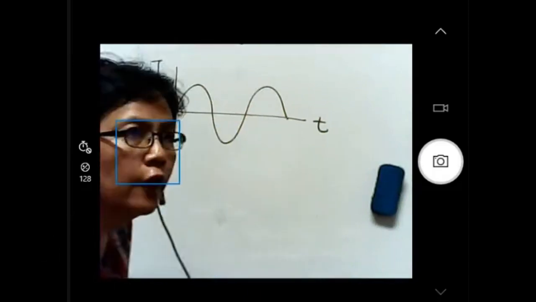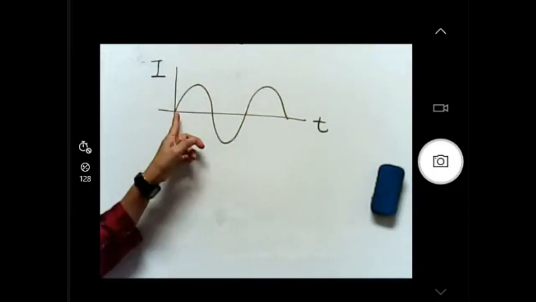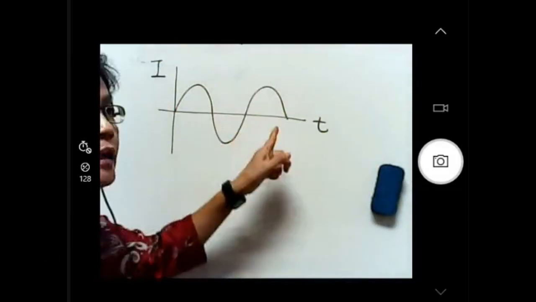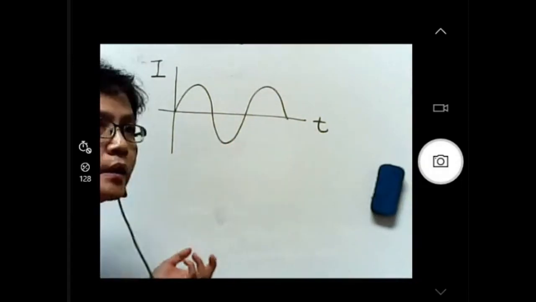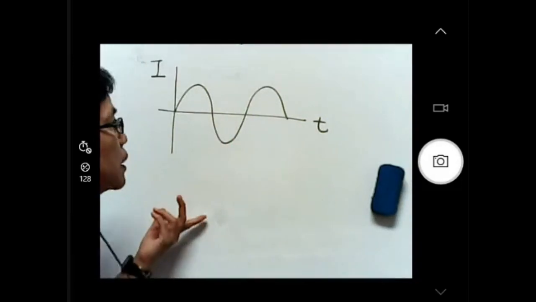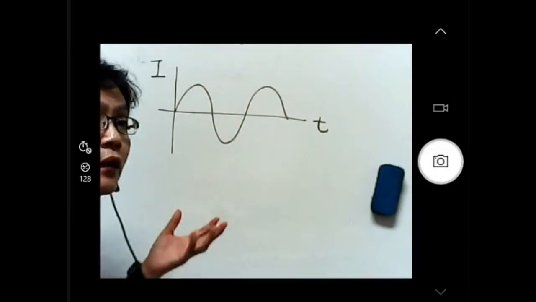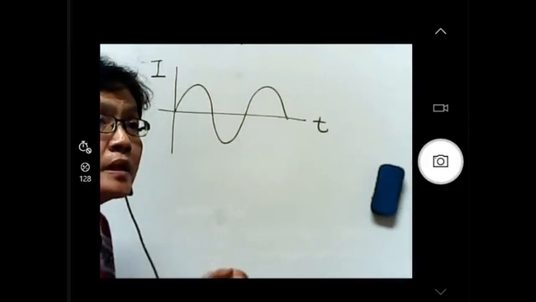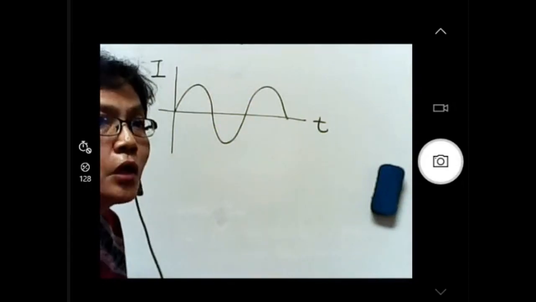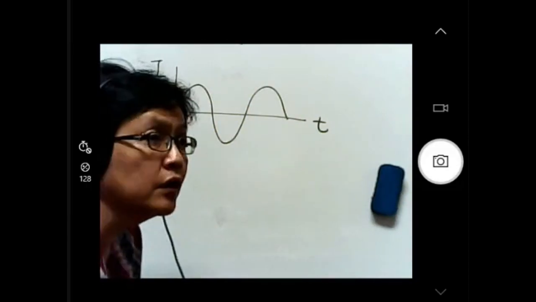Since the value of current changes continuously and periodically, what is the effective value of current to be used in our calculation, or what is actually the current that we receive if our power supply is an alternating source? Have you ever thought about it?